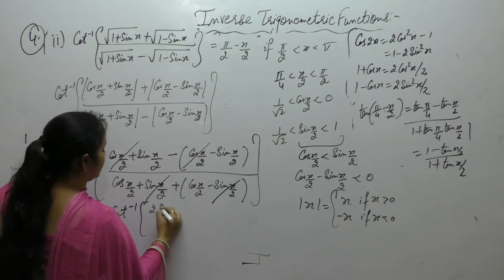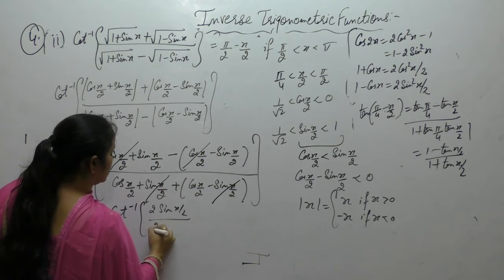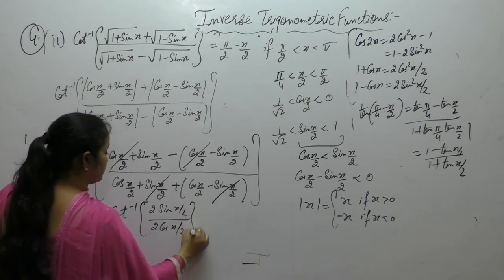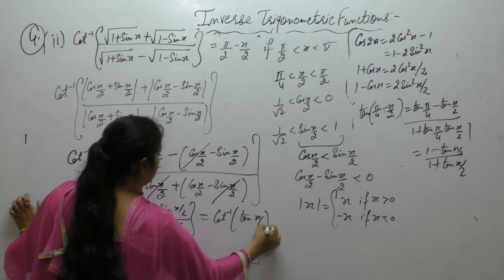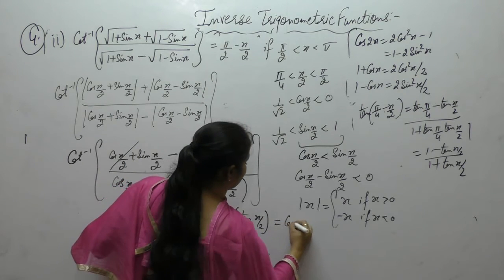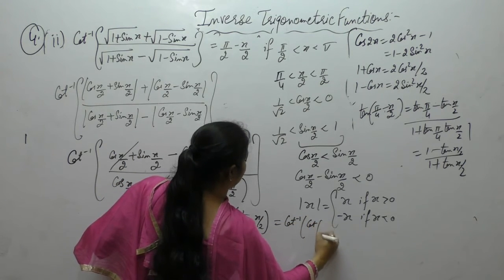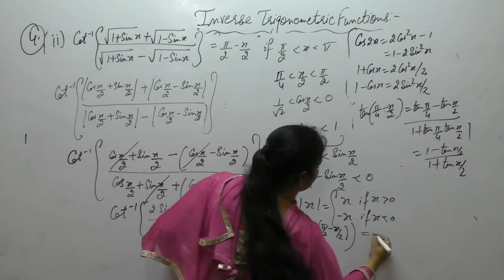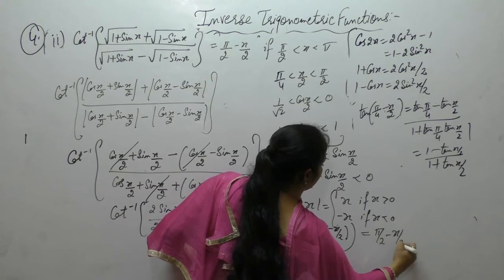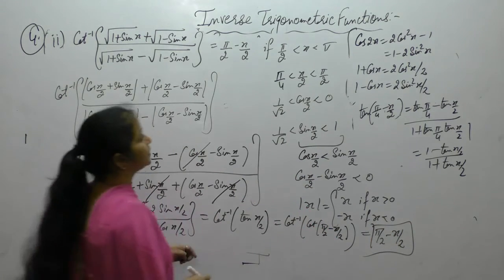Sin plus sin, 2 sin x by 2, 2 cos x by 2. So cot inverse tan x by 2. Cot of 90 minus theta is tan theta, so we can write it as cot of pi by 2 minus x by 2. So the result is pi by 2 minus x by 2.